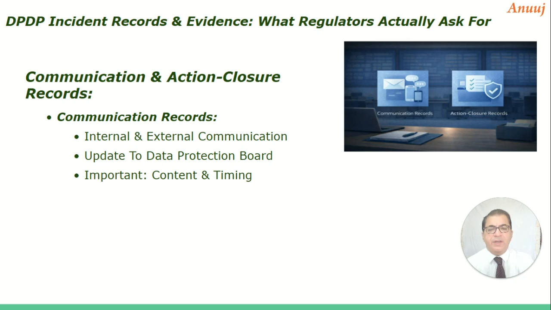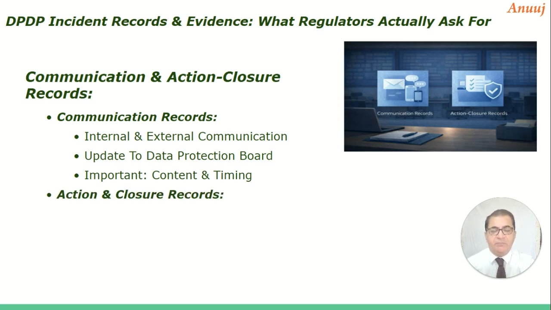Very, very important. And what updates were given to the internal team, to the external teams, principals, and the data protection board, and your processors and sub-processors also fall over there, right? So, content and timing.